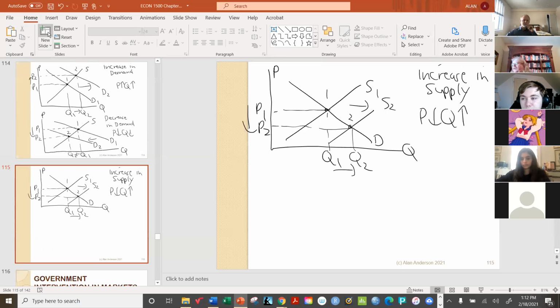All right, and then of course the decrease in supply will be the exact opposite, because the supply curve will shift to the left.